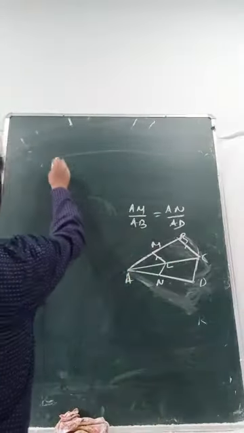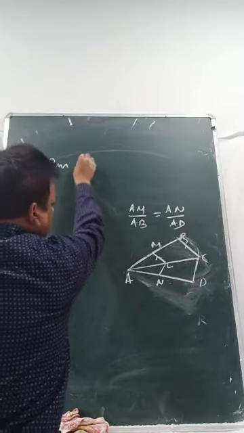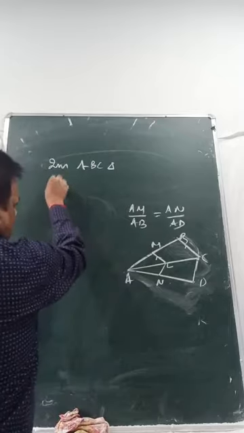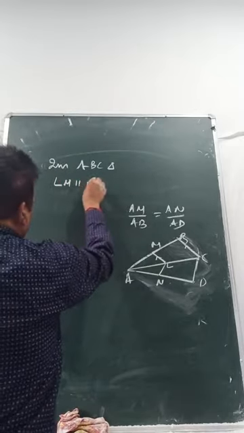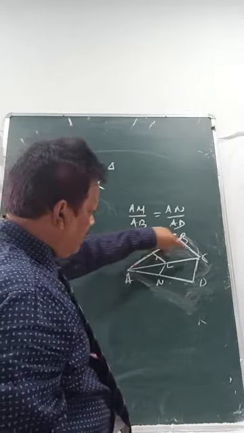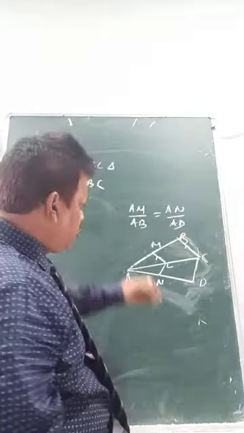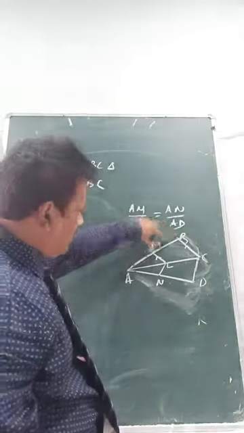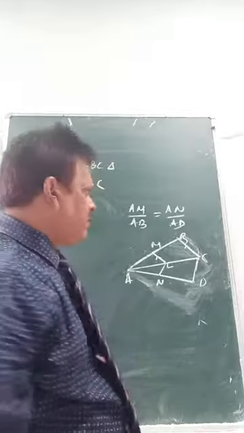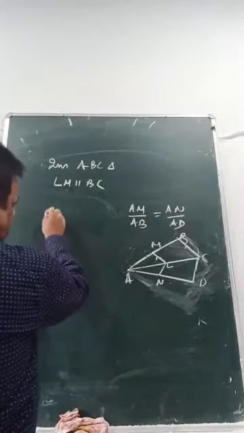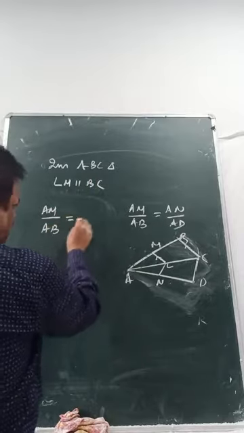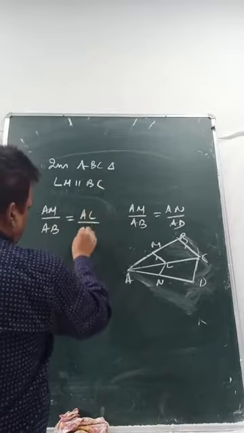Okay. Write in ABC triangle. LM parallel to BC. You can write AM by MB equals AL by LC. This is one formula. Also AM by total, AL by total. That is also the same formula here. So you can write AM by AB equals AL by total, which is AC.